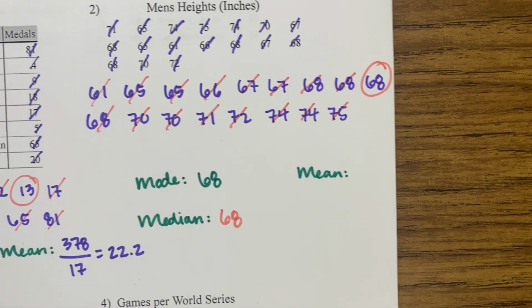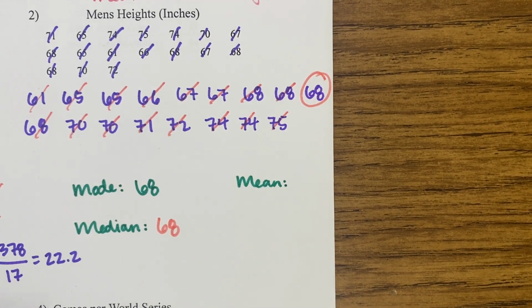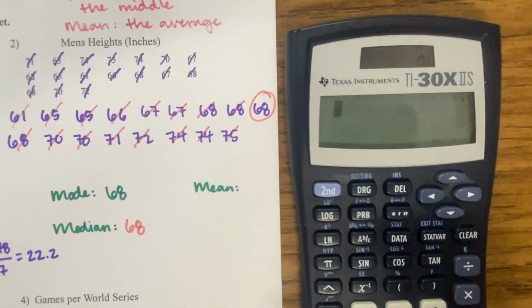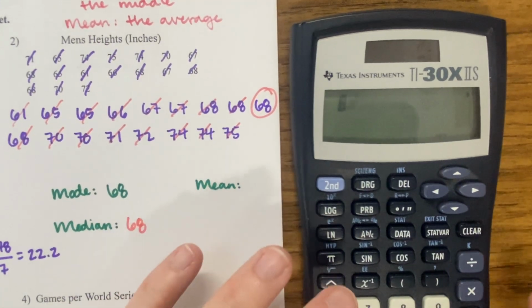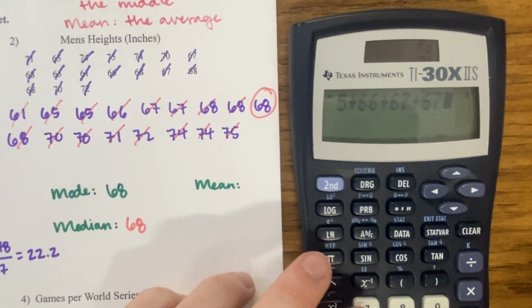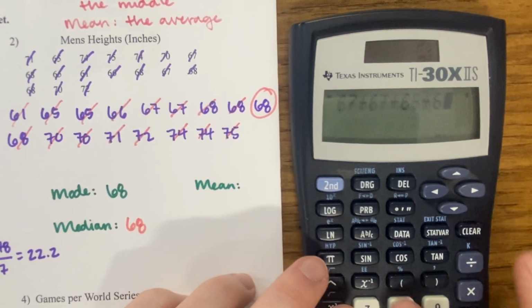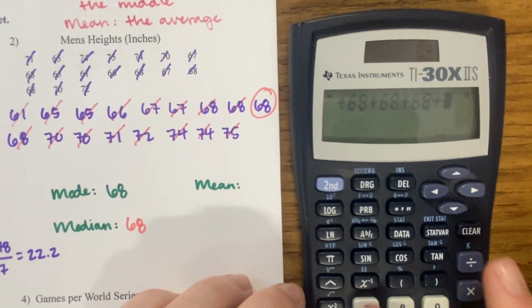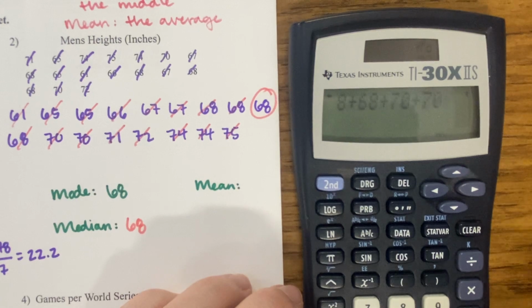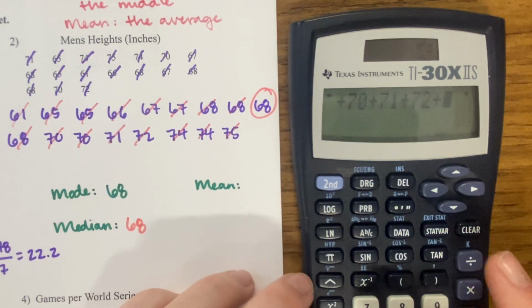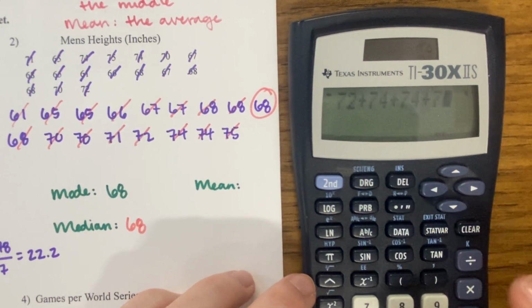Okay, then our mean, we're going to add all of these numbers up and divide it by however many we have. So I'll go ahead and add these guys up. Let me zoom out so you can see my calculator. Okay, so I have 61 plus 65 plus 65 plus 66 plus 67 plus 67 plus 68 plus 68 plus 68 plus 68, 4 of those, plus 70 plus 70 plus 71 plus 72 plus 74 plus 74 plus 75.